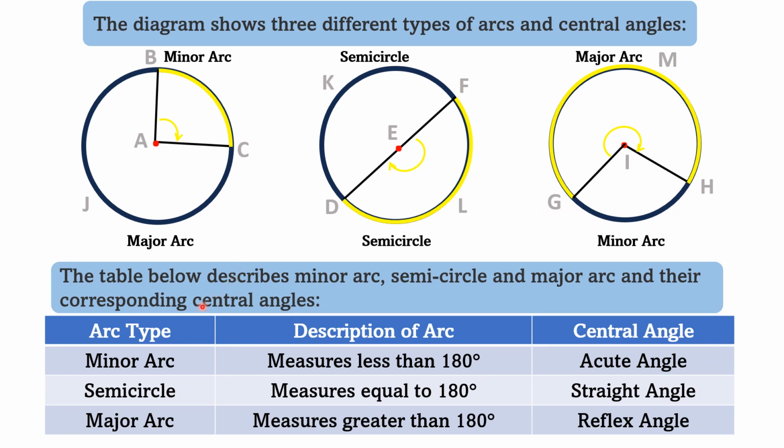The table below describes minor arc, semicircle, and major arc and their corresponding central angles. If it is a minor arc, it's an acute angle. If it is a semicircle, it is a straight angle. And if it is a major arc, it is a reflex angle.